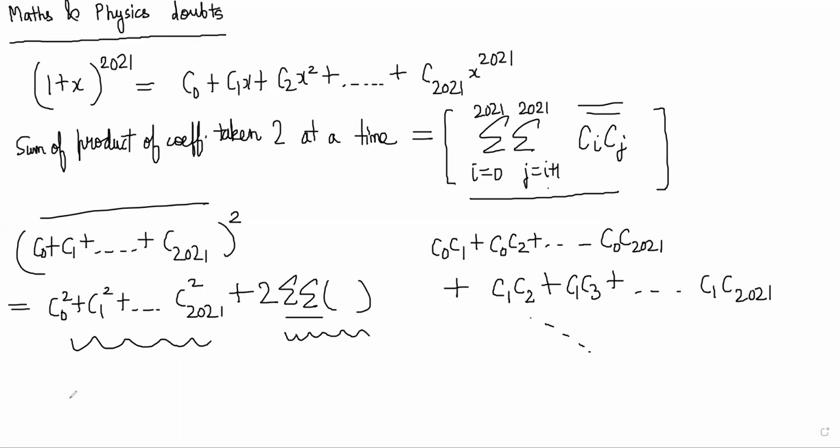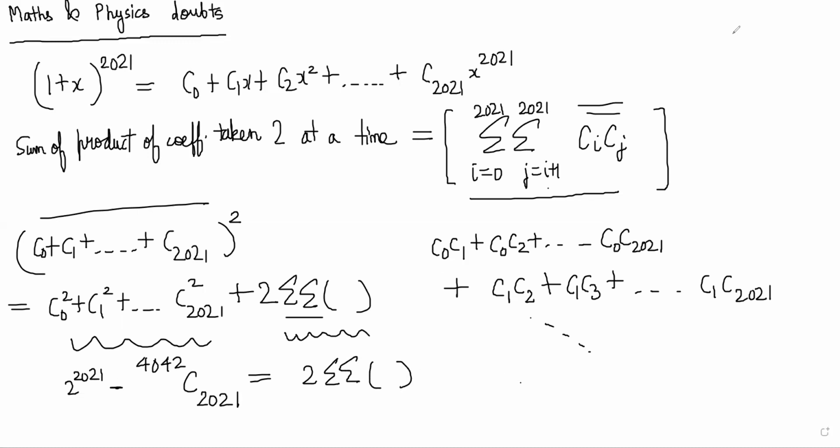This is 2 power 2021, minus this is 2nCn. So 2 into 2n, n is 2021, so 4042 C 2021, is equal to 2 times the double summation, right?